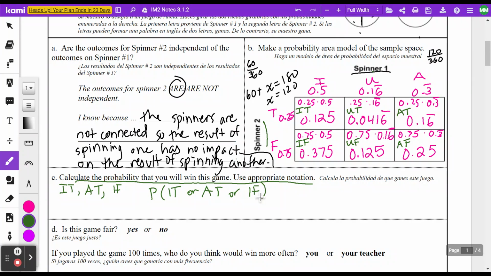And that will be the associated probabilities added together. 0.125 plus 0.16 repeating plus 0.375, which gets me 0.583 repeating.